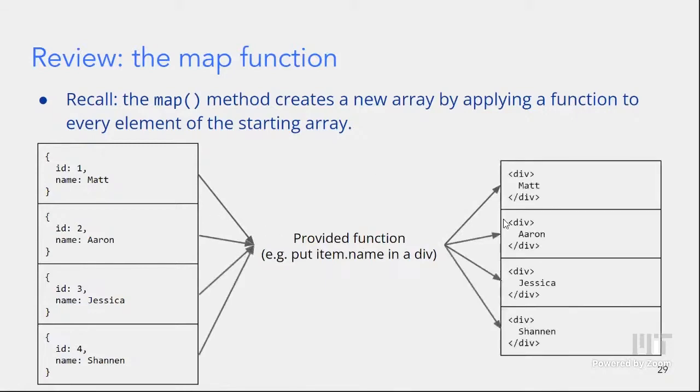So in the end, we'll end up with an array of divs, each of which has the name of the original object. Essentially, we're mapping each element in this object array to a component in the component array. We do this because React can't render the object array, but it can render the component array. Another thing is that this is also a lot more readable and aesthetically pleasing. We don't really want to render our raw data.